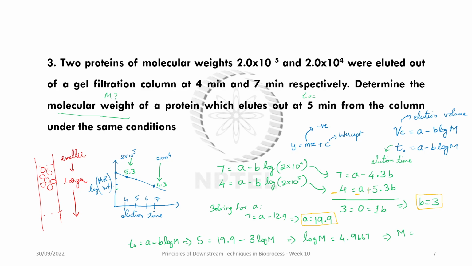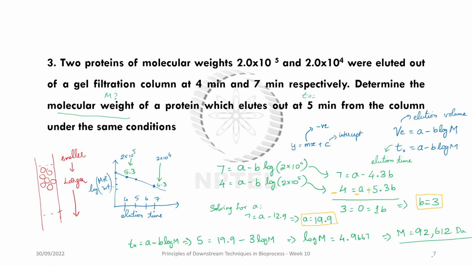So you get 92, I'm getting 92,611.87. So I'm going to round this off as 612, I hope in Daltons. So this is my answer.